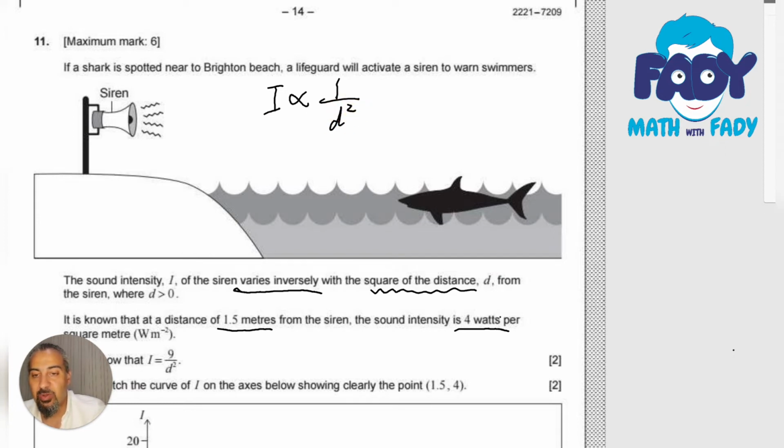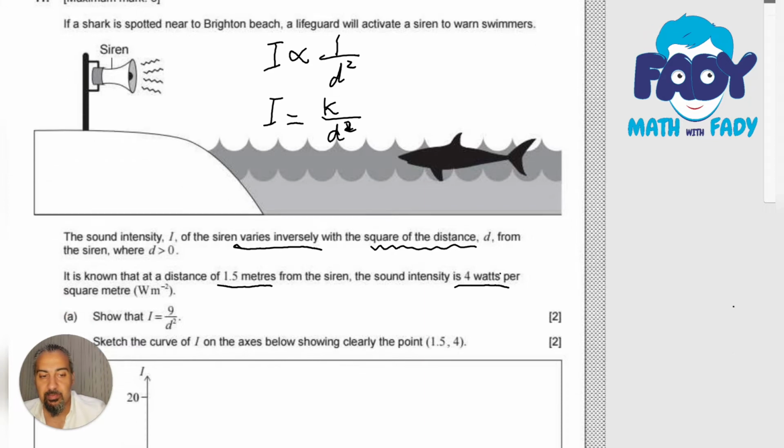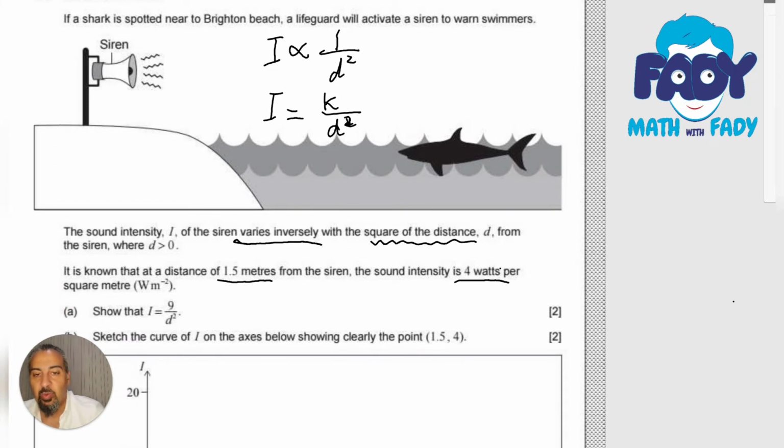This can be written also as I equals k over d squared. And then it's given information that when d, the distance, is 1.5 meters, the sound intensity I is 4 watts per meter squared.